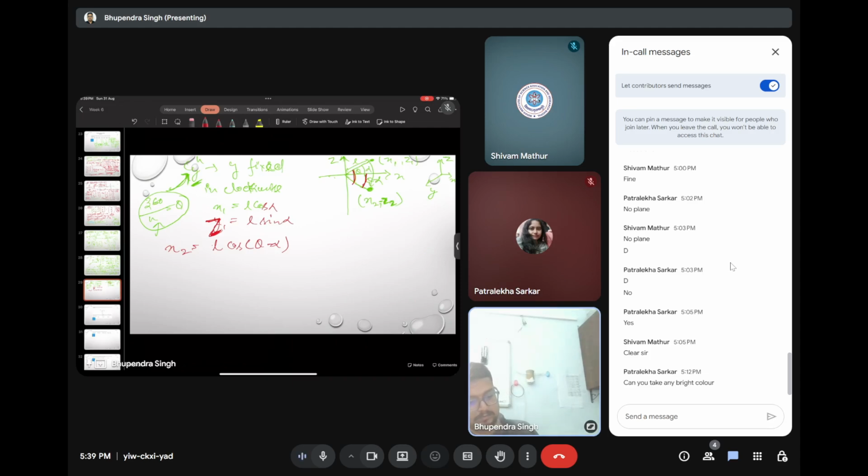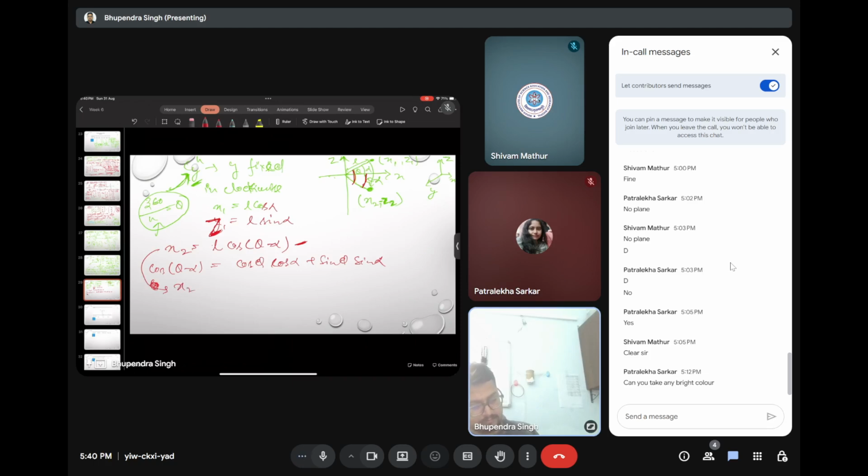And you already know from trigonometry that cos (theta minus alpha) is cos theta cos alpha plus sin theta sin alpha. Here we have used this one only, right?